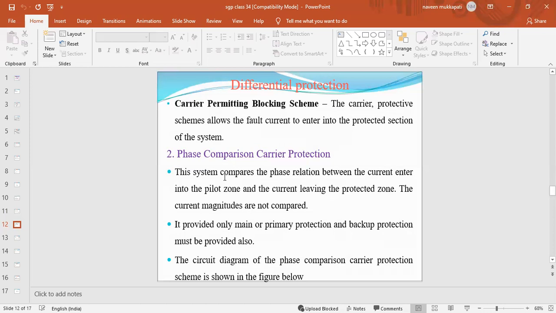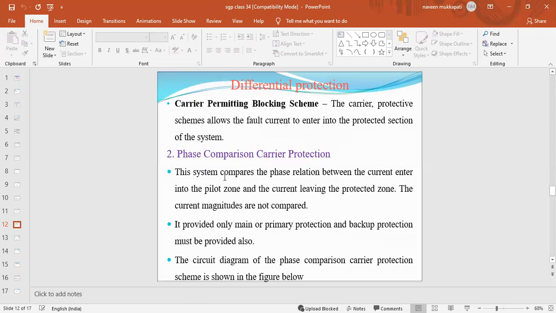By using these phase comparison carrier protections, we compare the phases of the current entering and leaving the protective zone.